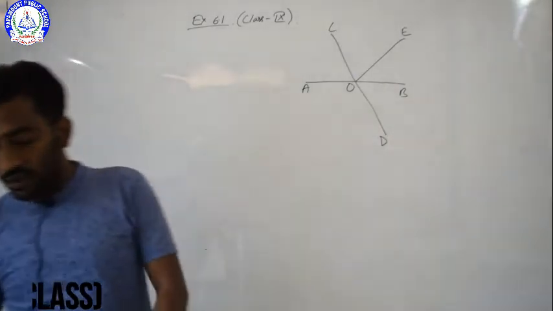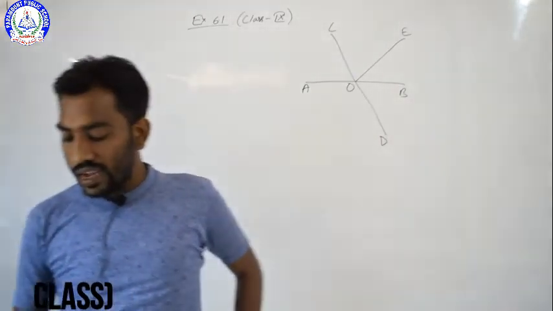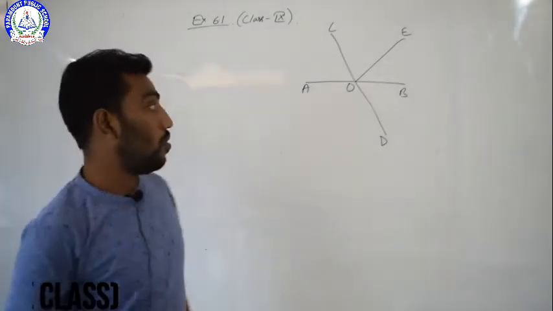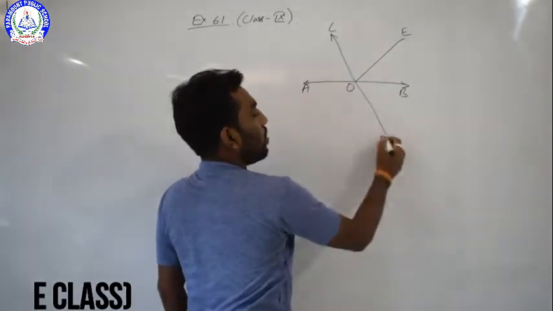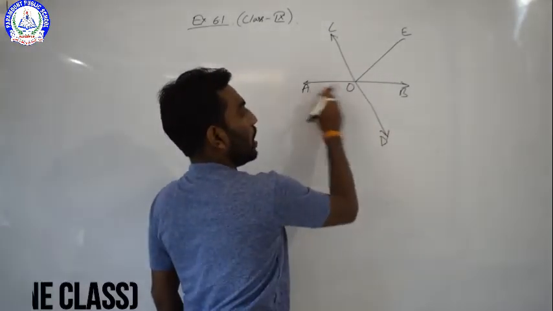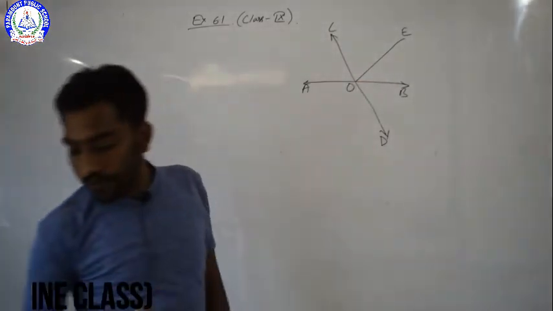Now let us read the question. In the given figure, line AB and CD intersect at O. AB and CD are the two lines. CD and AB are the lines which are intersecting at point O.